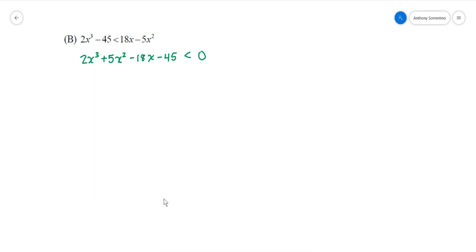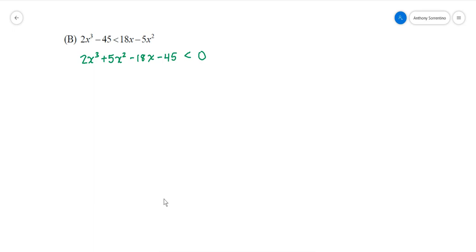And if you find that grouping and factoring doesn't work, double check to make sure you're not making an error somewhere. But then you have to resort to some of the other techniques we talked about and made use of earlier. Grouping and factoring does work here, so I'm going to use it, but be aware you could go through and use your rational zero theorem, find some possibilities, and then find out which ones are actually zeros.